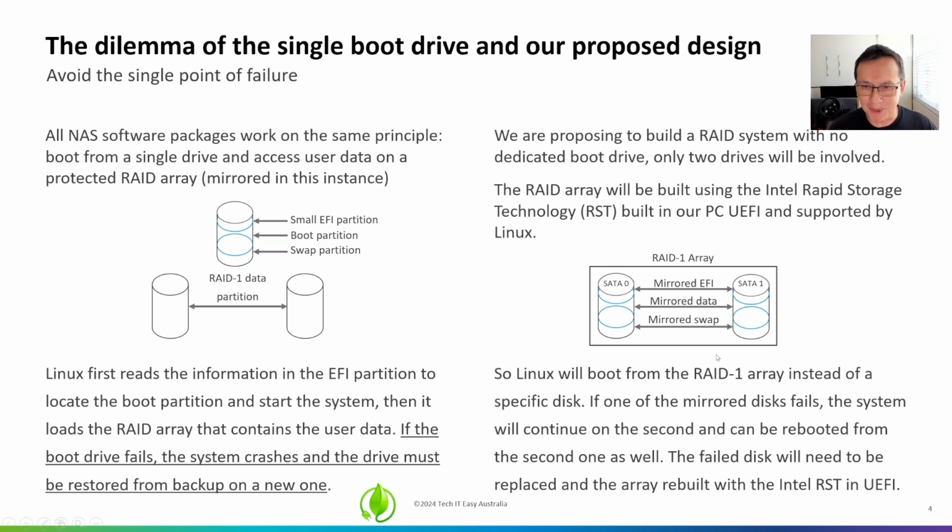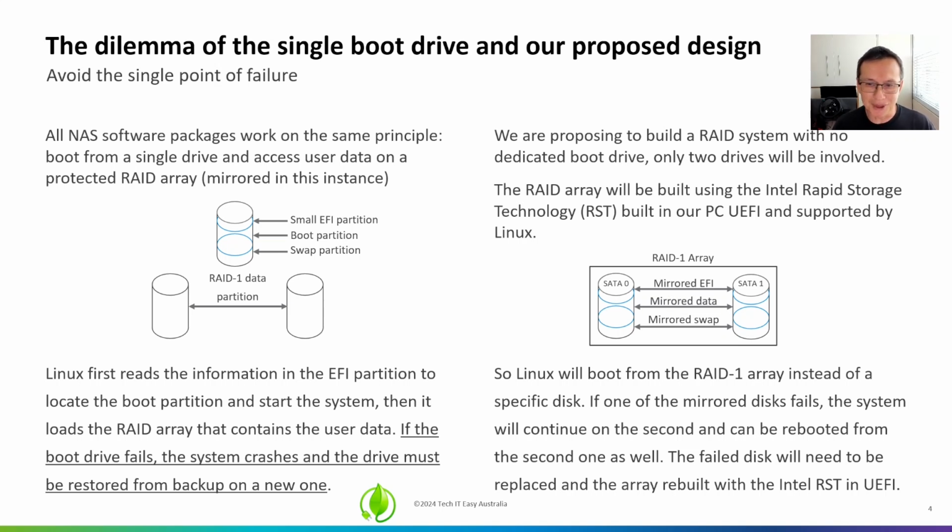So what you end up with is two drives, like SATA 0 and SATA 1. They are embedded in a RAID-1 array, and all the partitions within those two drives are mirrored one to each other, but it is completely invisible to Linux.